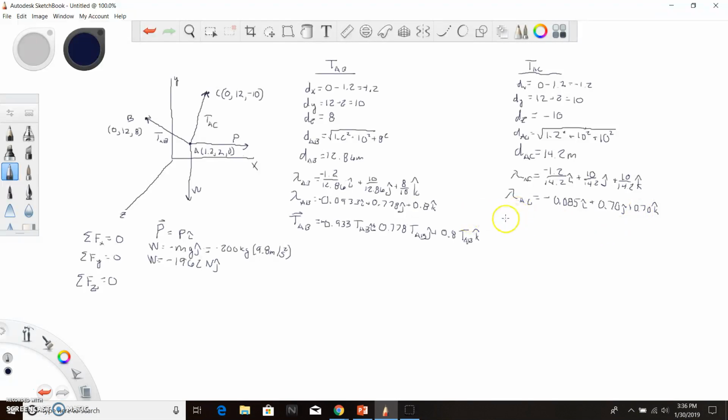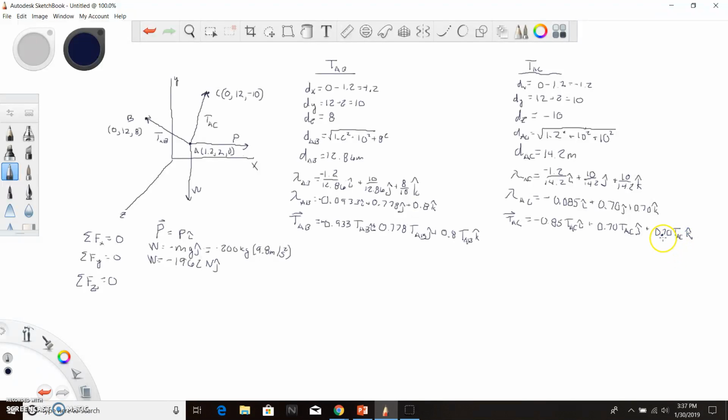Now we can write TAC in Cartesian vector notation: negative 0.085 times TAC i hat plus 0.70 times TAC j hat plus 0.70 times TAC k hat.